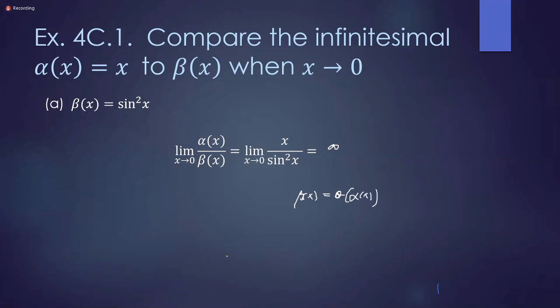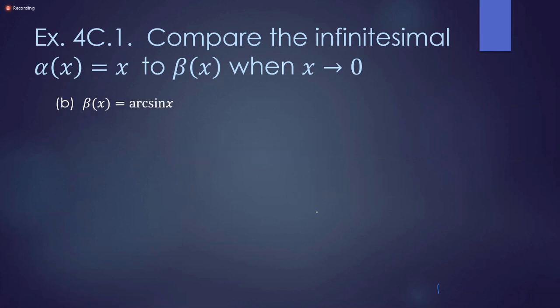Similarly, we can compare these infinitesimals just by writing down these limits. I'm not going to write these limits, but what we would do to check this is alpha over beta, so x divided by arcsine x. In fact, we know that this limit is 1.